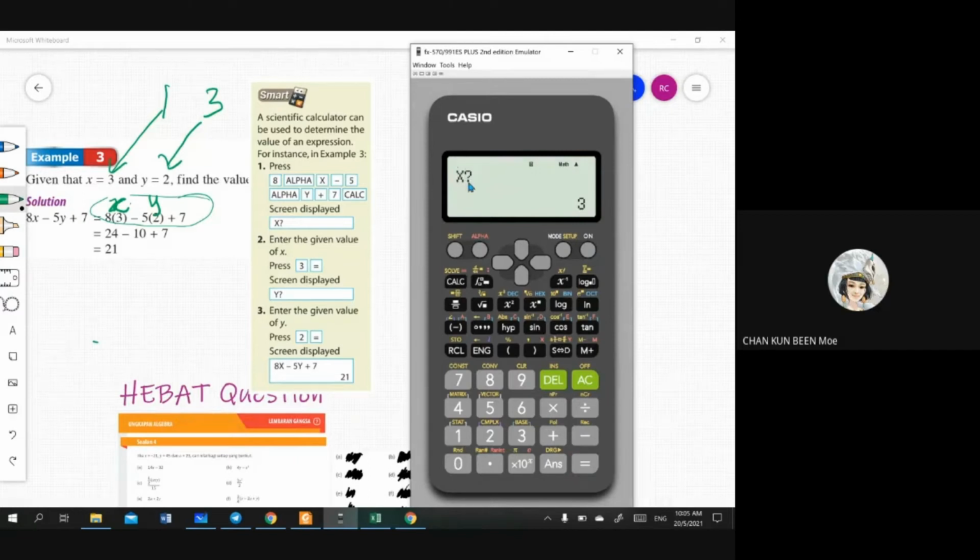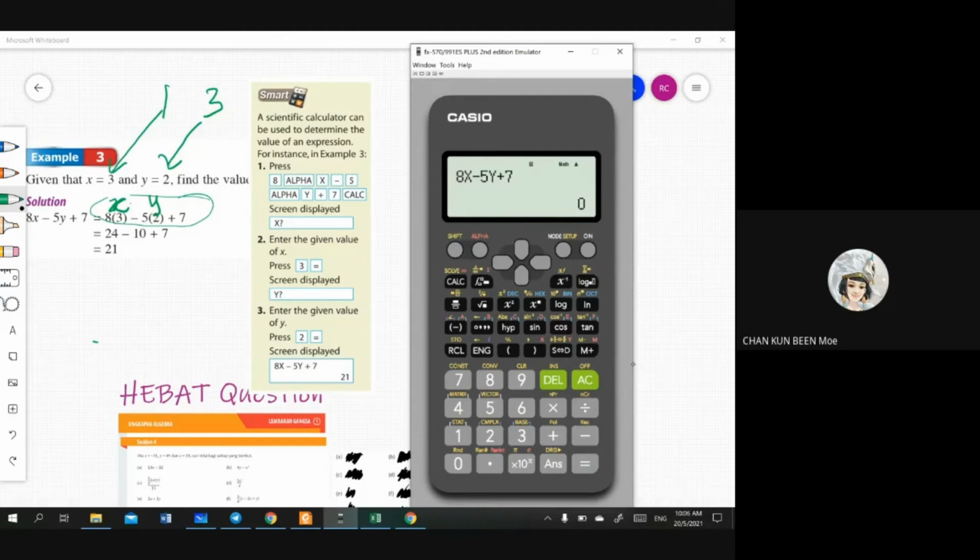You see, it will ask you, what is the value of x now? Then we press 1 to replace the value of x. And then you press equal to go to the y. The value of y right now is 3. Substitute the 3, and then you press equal. So we get the answer as 0.